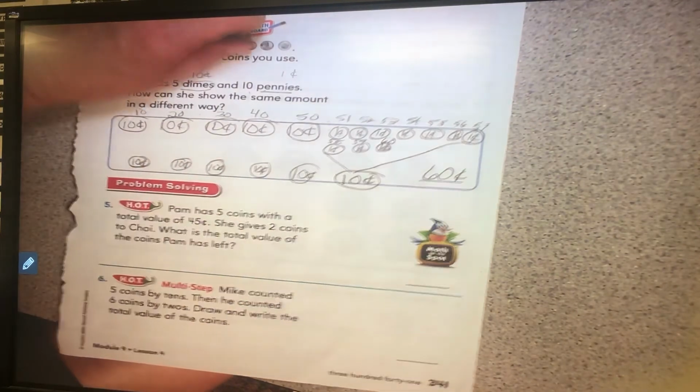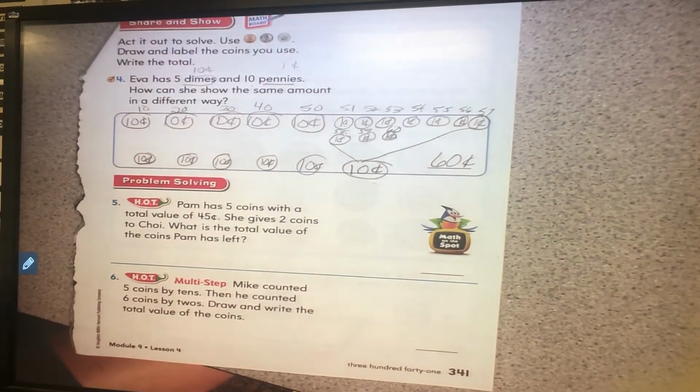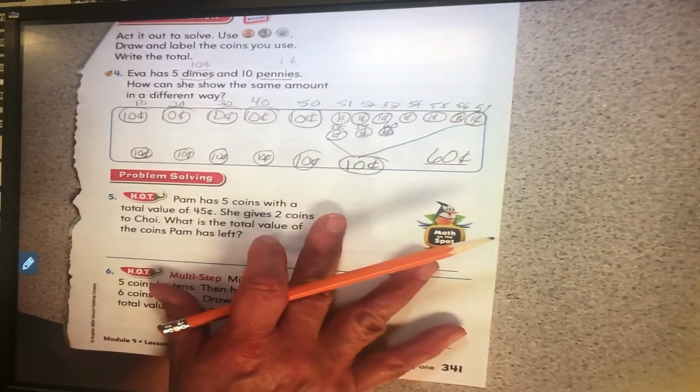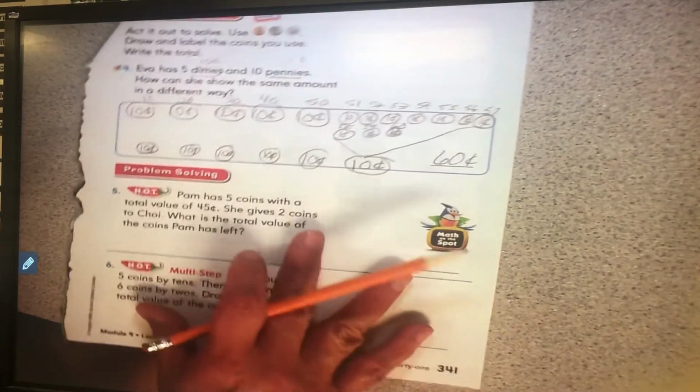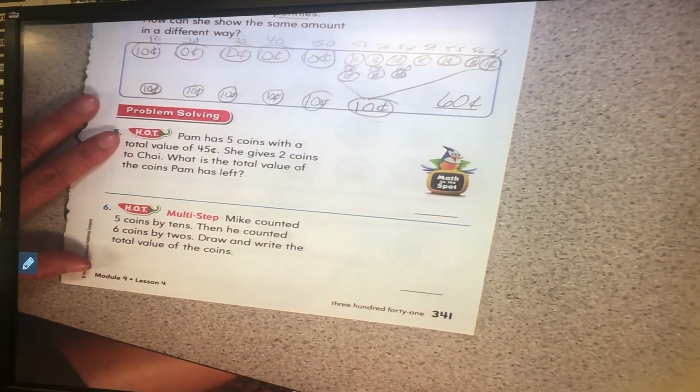I could keep it the same, just change one dime. Or I could do 60 pennies if I wanted. I could also change some things into nickels. There are several different ways to solve that problem, boys and girls.